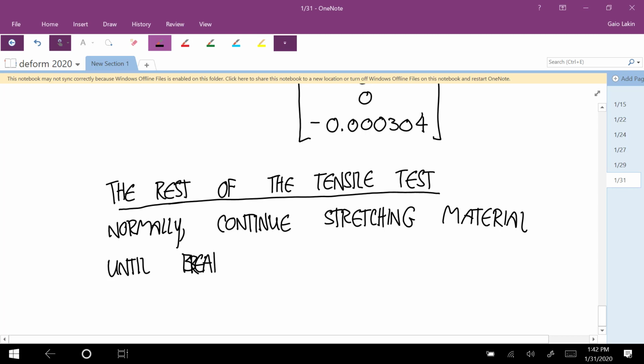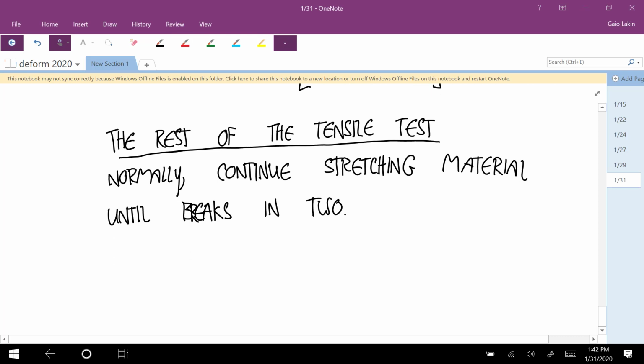And so if you plot out the XX stress versus the XX strain, so let's plot sigma XX versus epsilon XX.